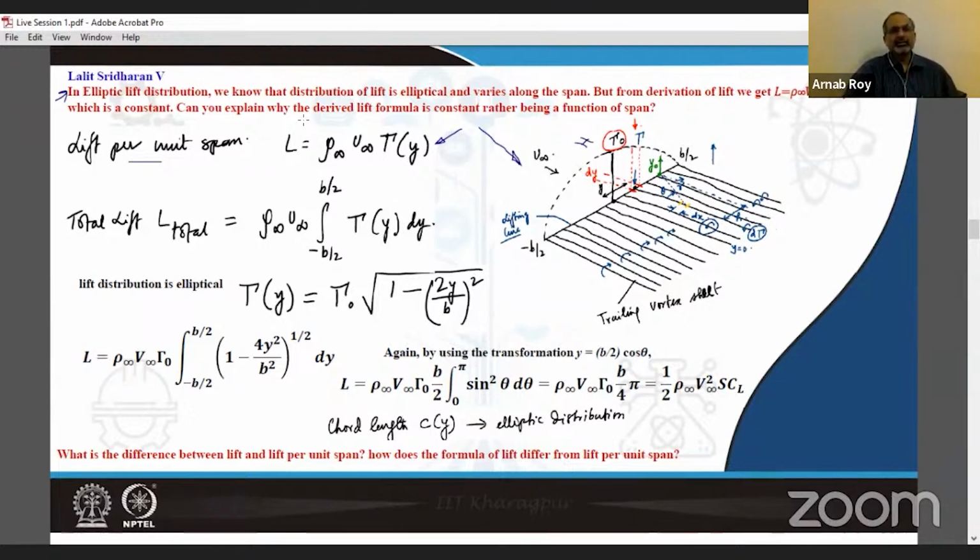In some books and literature, you might find this indicated with a dash, just to distinguish it from the total lift. Here, since we have literally mentioned that it's lift per unit span, we did not use this nomenclature. Please take this into account. So if you wish to use a dash in order to segregate it, it's always welcome.